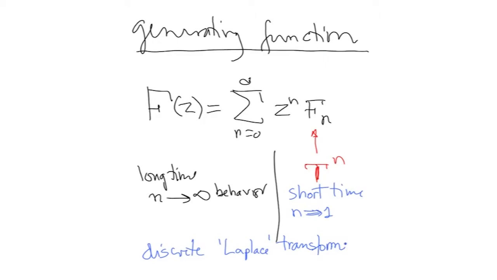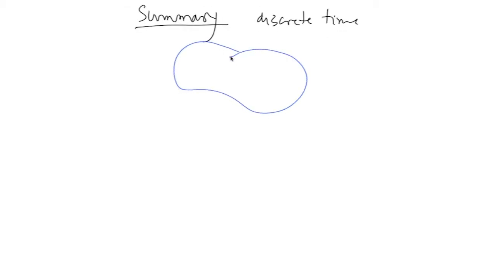Let me summarize what we have learned about discrete time dynamics. We live in some state space, state space M. And we have partitioned it, coarse-grained it into regions, of which I only write the initial and final for the transition we're interested in.